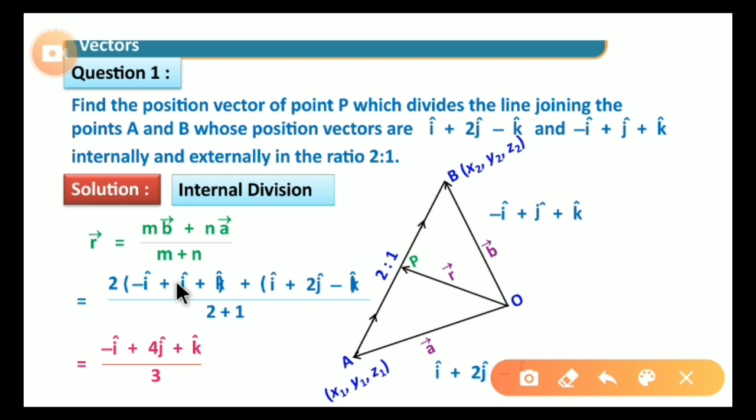Here we multiply 2 so that 2j plus 2j becomes 4j, and again plus 2k minus k becomes k, and the denominator 2 plus 1 is equal to 3. Therefore, R vector is equal to minus i plus 4j plus k divided by 3. So this is the position vector of the point P.